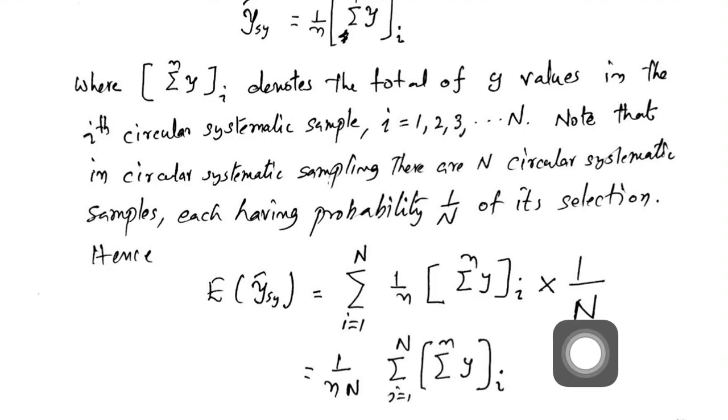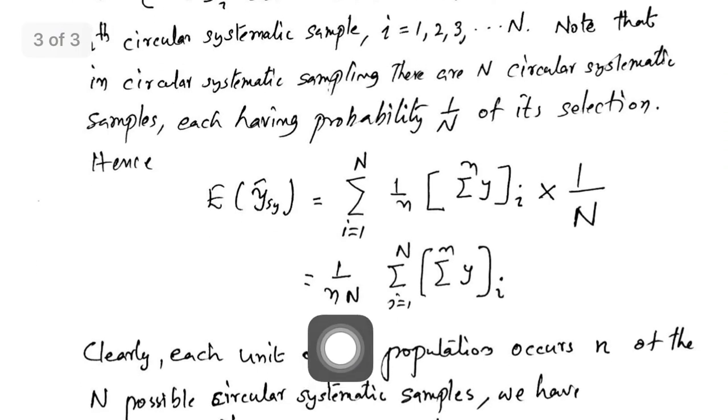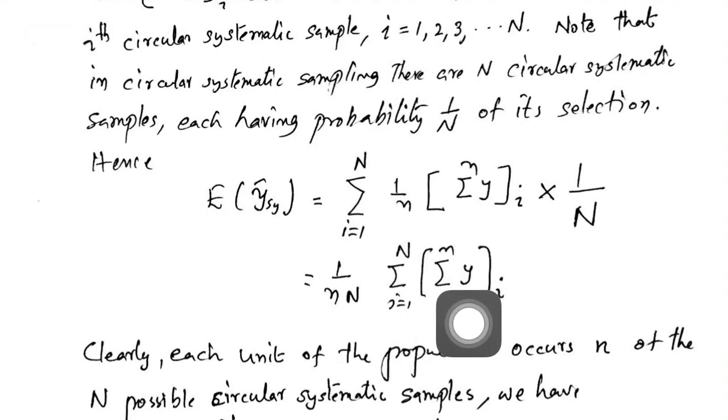Now you can take this small n and capital N outside the summation. So this is equal to 1 by n into N, summation over I equal to 1 to N, summation of all values in the ith sample.